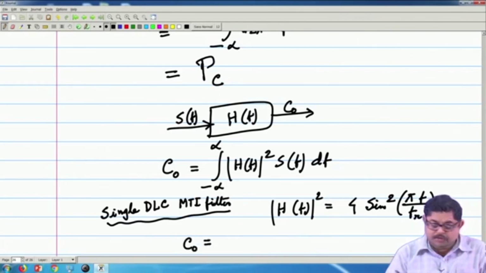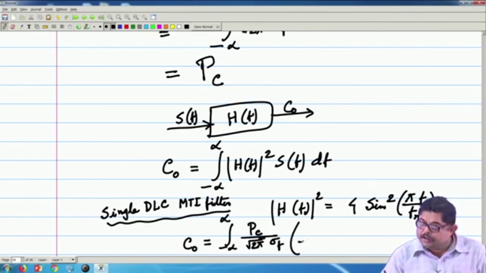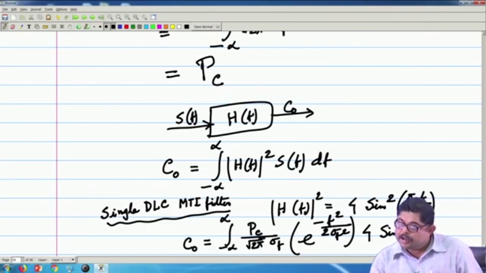C0 will be the integral from minus infinity to infinity of Pc by root over 2 pi sigma f, then e to the power minus f square by 2 sigma f square into this 4 sine square pi f by fr df.